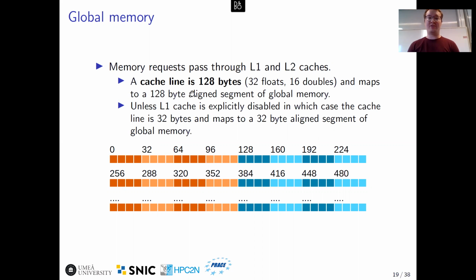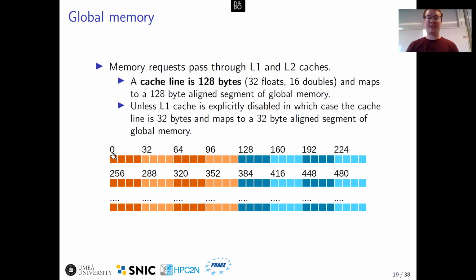The cache line size for the global memory is 128 bytes, or 32 floats or 16 doubles, and each cache line maps to a line segment of the global memory. With many GPUs, you can disable the L1 cache, in which case the cache line will become 32 bytes. So if you are in a situation where you are accessing the memory in a more random pattern, then it might make sense to disable the L1 cache.